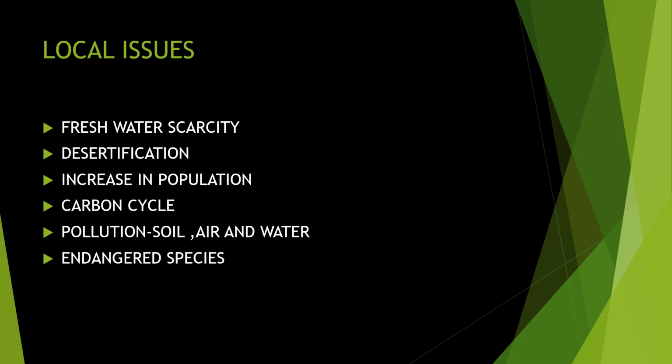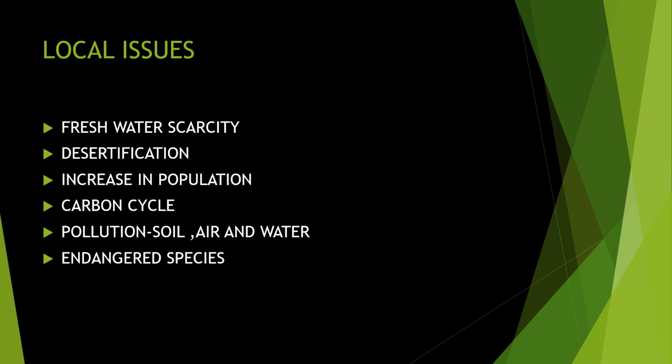When trees are cut down, the area later becomes a desert, and there is not enough water for the people. Next is the increase in population. When the population increases, people invade the environment and destroy it.